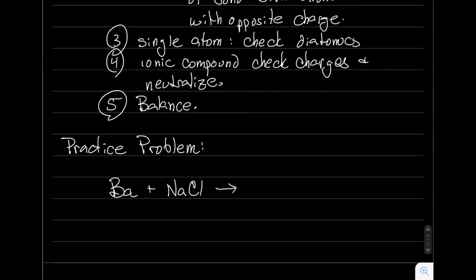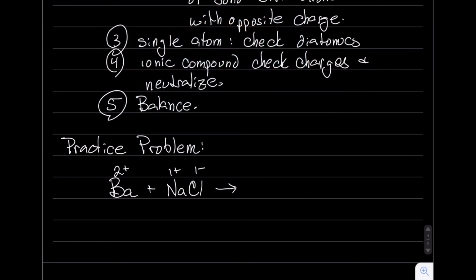First of all, we know this is going to be a single replacement reaction, because we're starting out with a single atom and an ionic compound. So our first job is to assign charges. Barium has a 2+ charge, sodium a 1+ charge, and chlorine has a 1- charge.